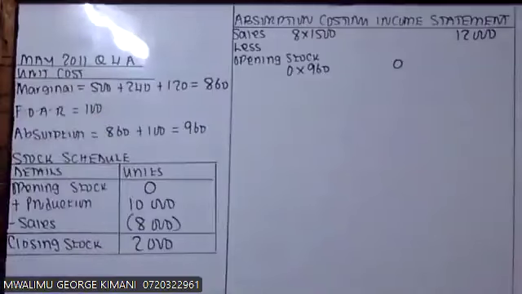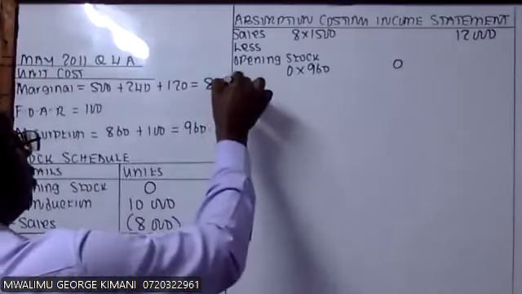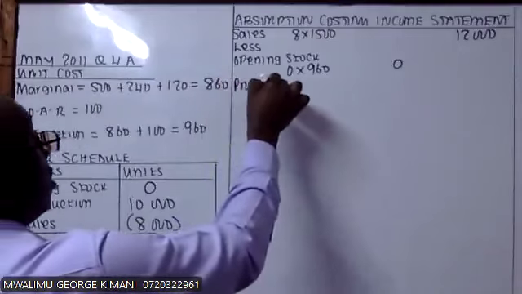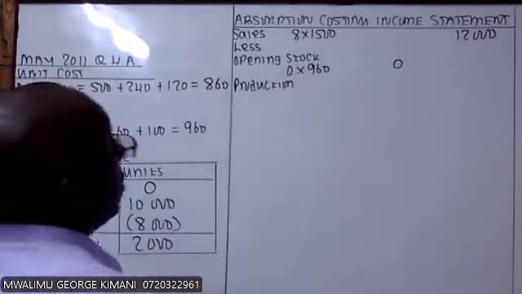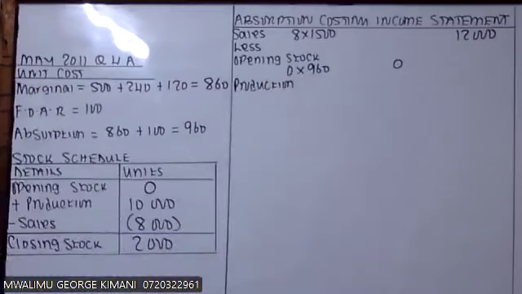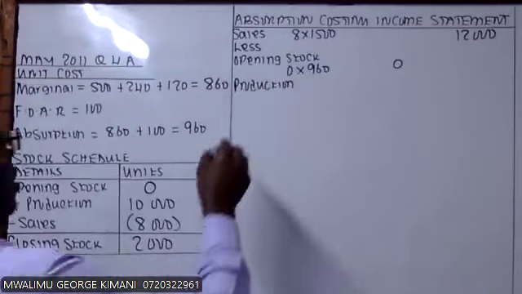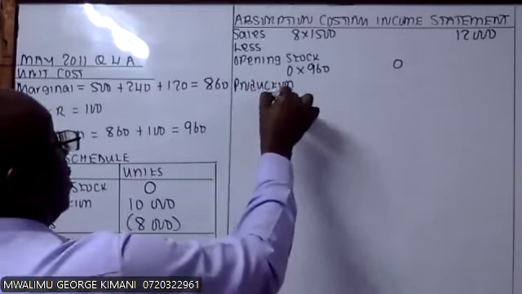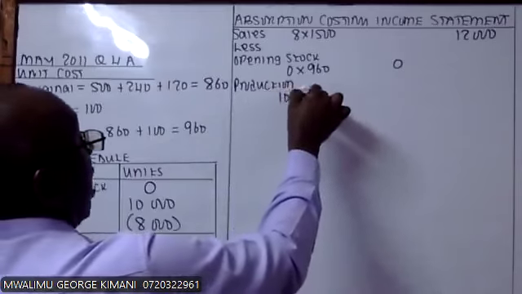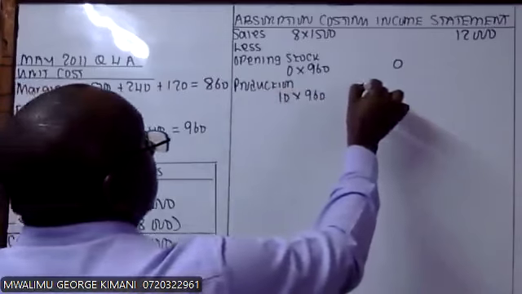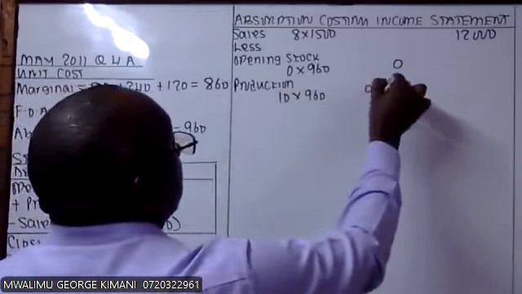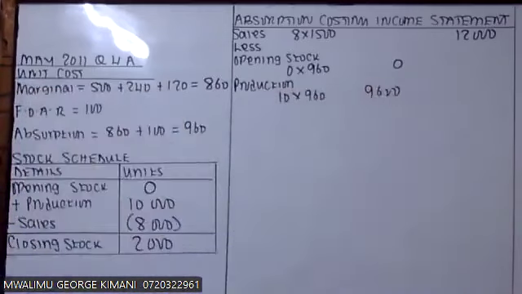Then production. Production is 10,000 at 960, which is 9,600. You put it there.